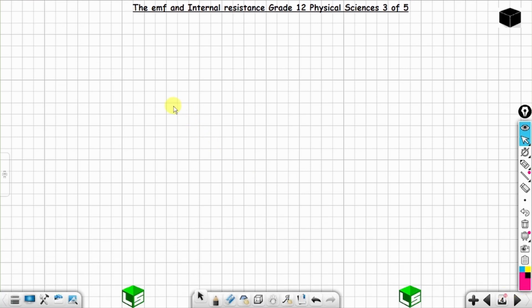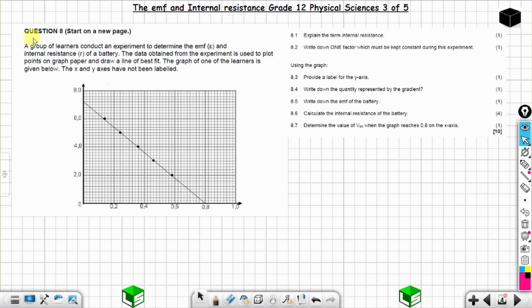Let's solve a problem from a past exam. Question 8. A group of learners conducted an experiment to determine the EMF and internal resistance of a battery. The data obtained from the experiment is used to plot points on graph paper and draw a line of best fit.